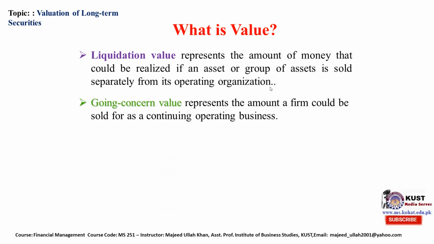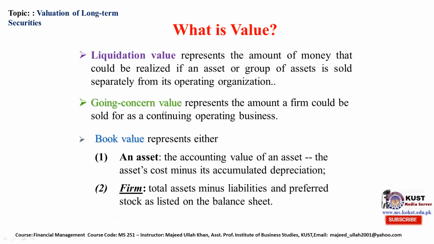Now, going concern value represents the amount for which a firm could be sold as a continuing operating business. For example, let's suppose A Limited is a company and it is acquired by B Limited as a going concern.